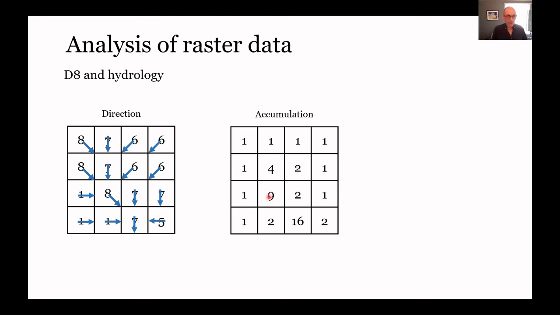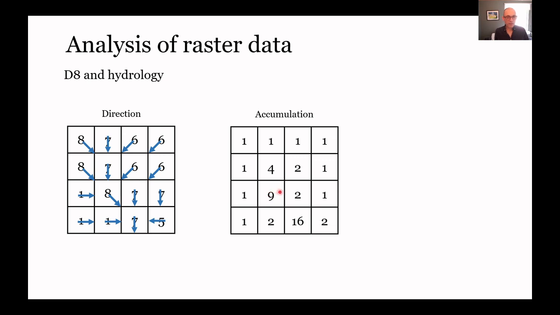And then as we move down, we get to here, where this is receiving 1 from above, but it's also receiving 4 from here. It's receiving that 1 from there. It's also receiving that 1 from there, and it's receiving those 2 from there.